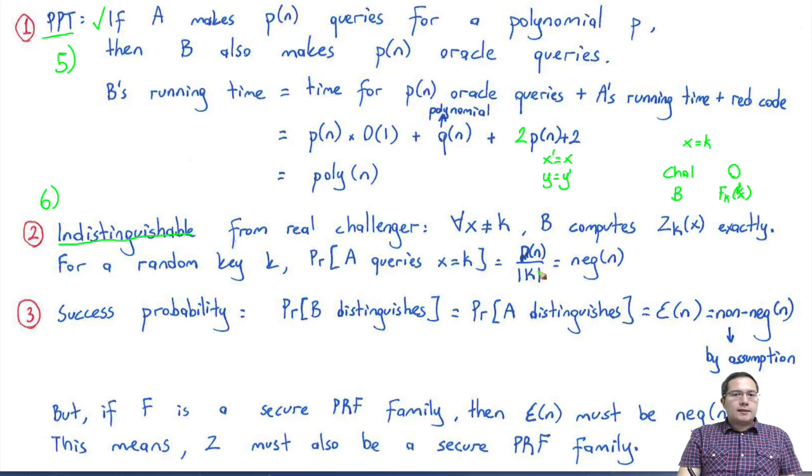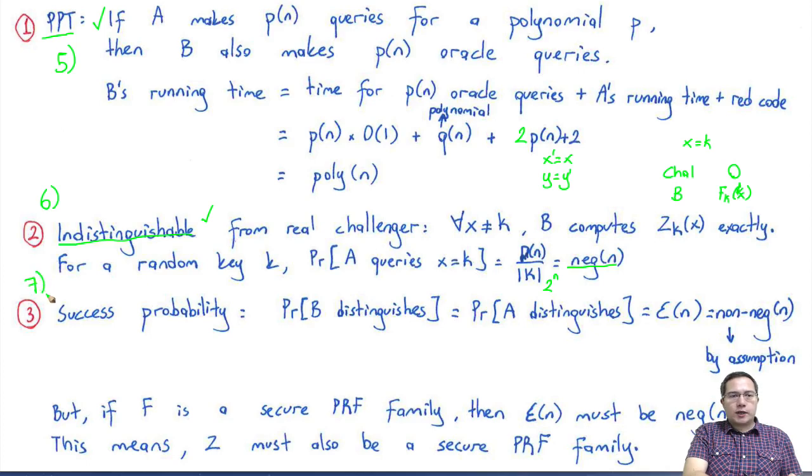The key space, let's say if the keys are n bits, would be 2 to the n. This is some polynomial. Polynomial over exponential, we know, is negligible. So except with negligible probability, A cannot distinguish B from a real challenger. So the sixth part is also done.